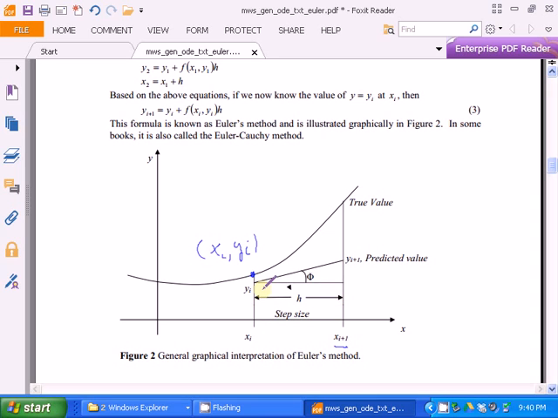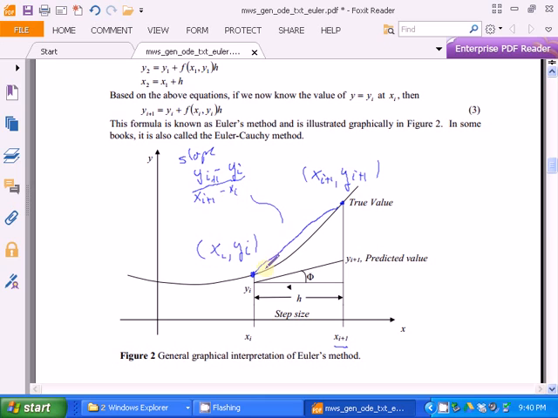And we still want to equate the slope of the tangent line, which is approximately equal to the slope of the secant line. This is the secant line right here, and the slope here is going to be (y(i+1) minus yi) over (x(i+1) minus xi).